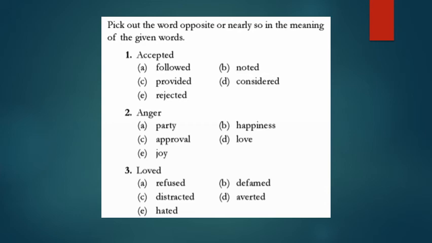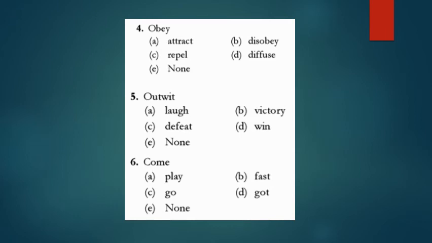Third, loved: refused, defamed, distracted, averted, hated. Fourth, obey: attract, disobey, repel, diffuse, none.